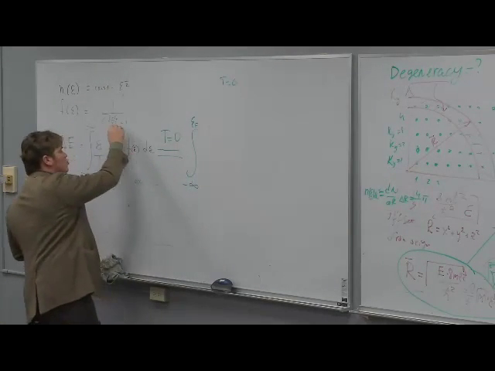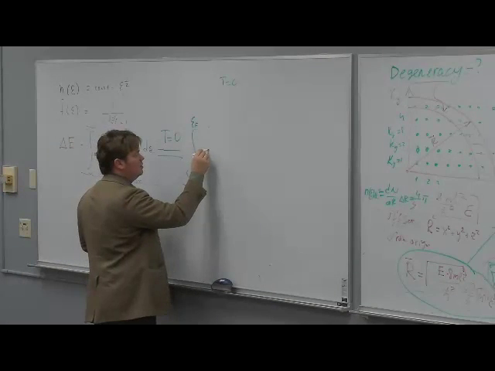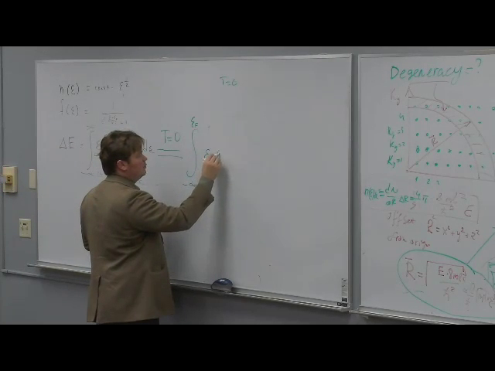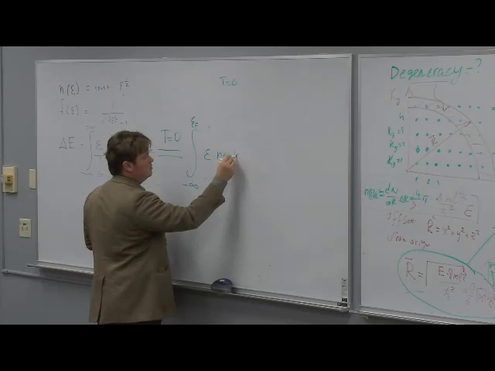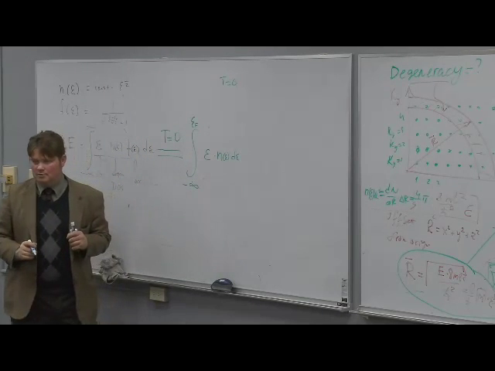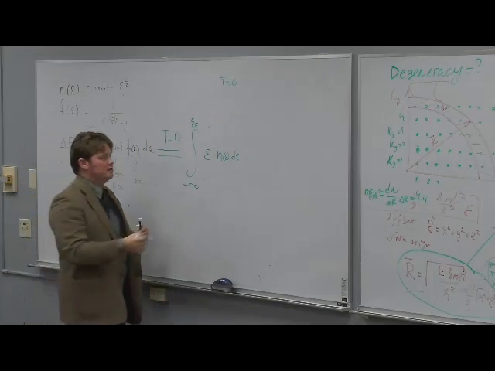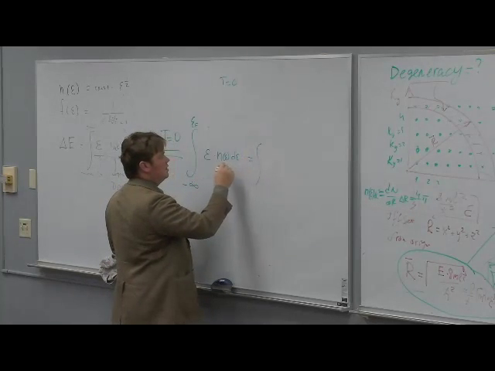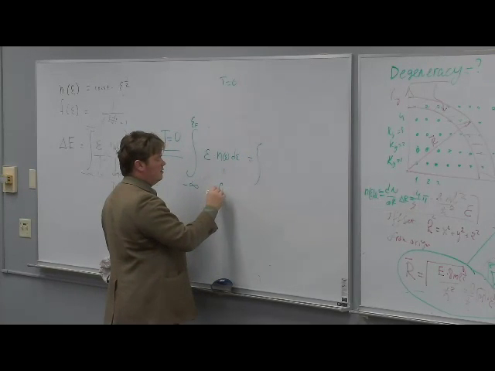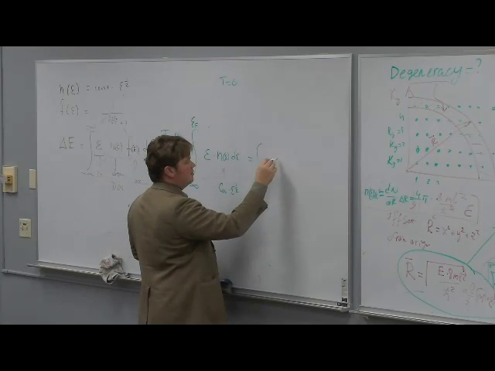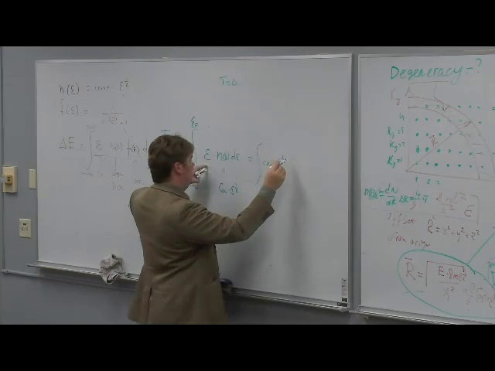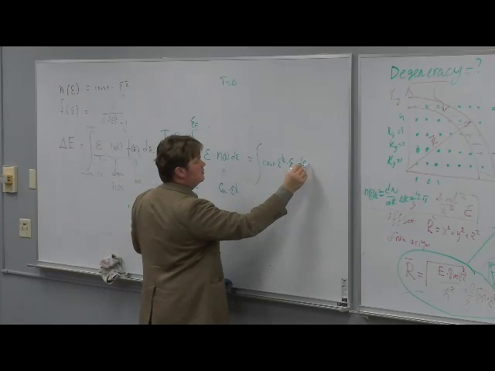Then we can remove the distribution, E times n of E dE, right? And this n of E can be replaced by a constant times E to the power 1/2, times E dE.